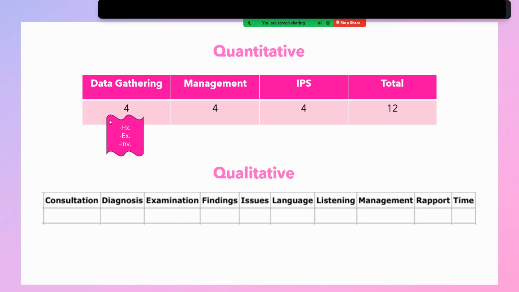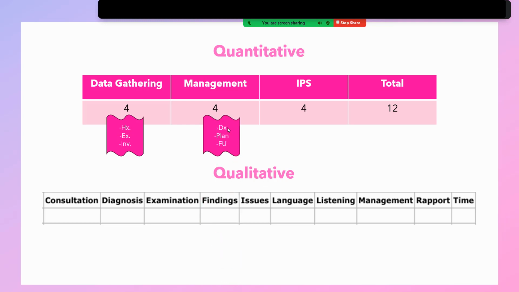When you take your history, you have to ask the relevant questions. When you examine, you have to do the relevant examination. When you order investigations, you have to order the relevant investigations. And during the course, I teach you in each case what the relevant points are for each specific case. Okay?